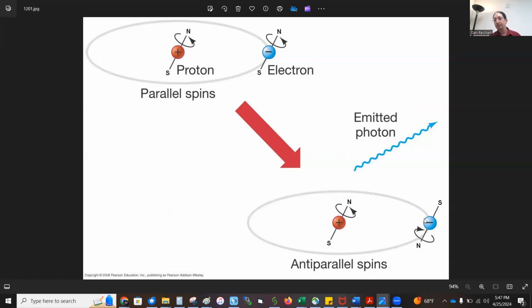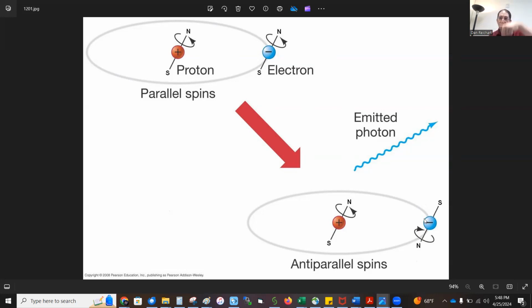Now with hydrogen, that half-life is 11 million years, a very, very long time. Given such a long time, you may not expect to see any of this emission. But there's so much hydrogen out there, it compensates.